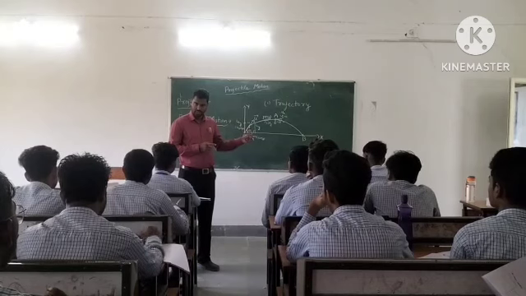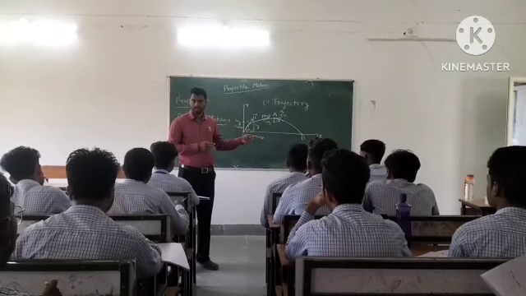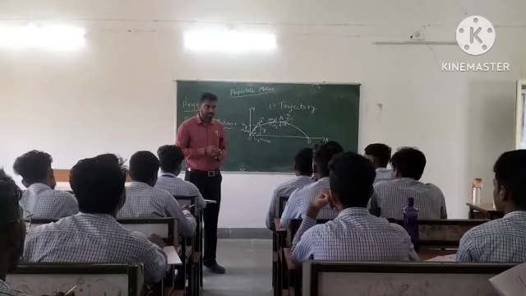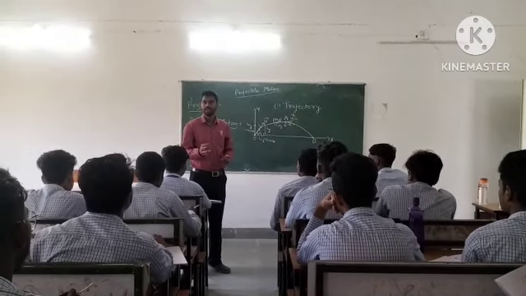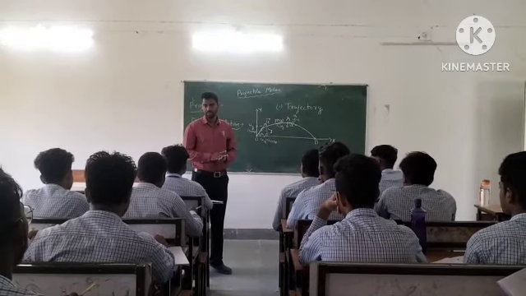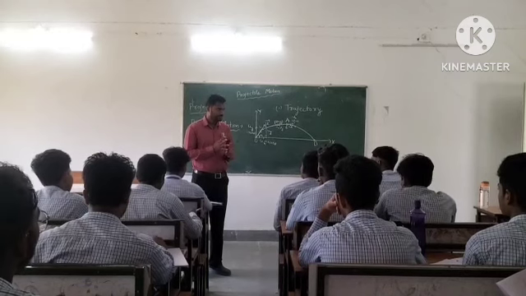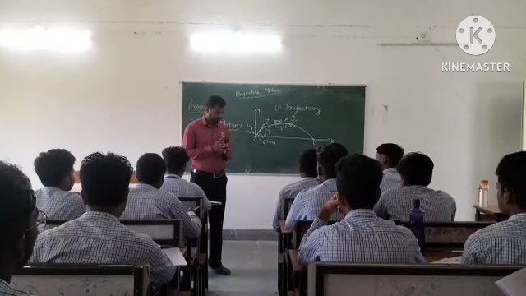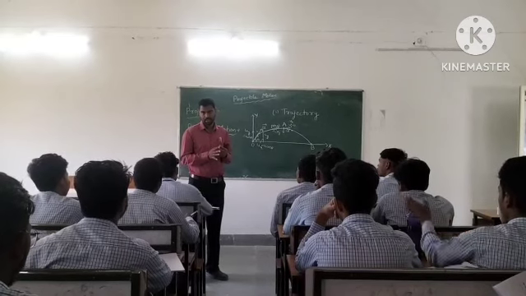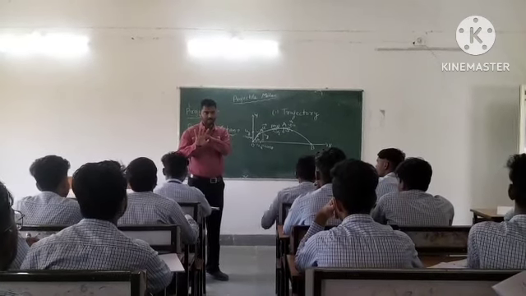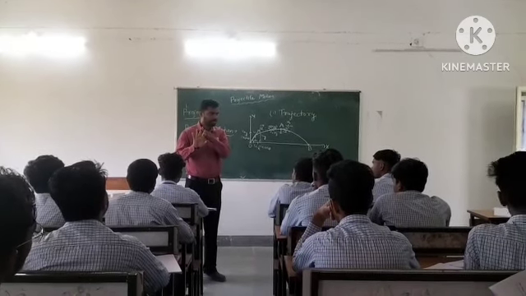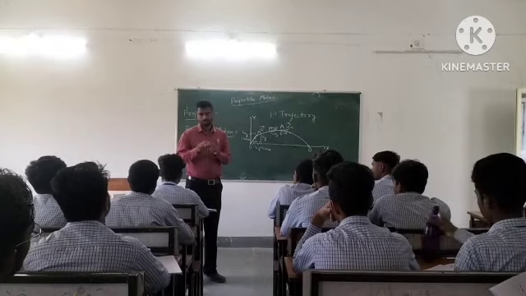Change in position is displacement. Rate of change of position is velocity. So these parameters have to be calculated. We are studying these parameters only: time, displacement, speed or velocity, acceleration, then finally force.